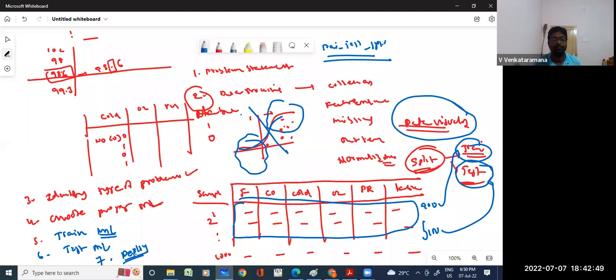Before deploying your application to real time, you have to test it in between. That is simulation testing, and a practical demonstration of your application in front of your client is also required. So once you have trained and tested, now you develop the application. In that application, you deploy the machine learning model.